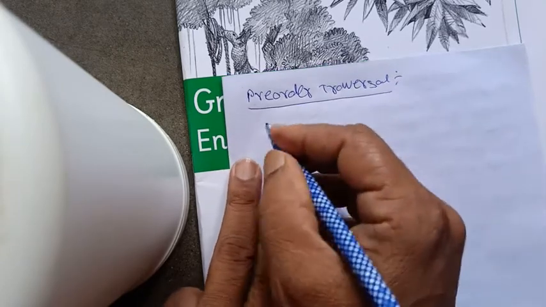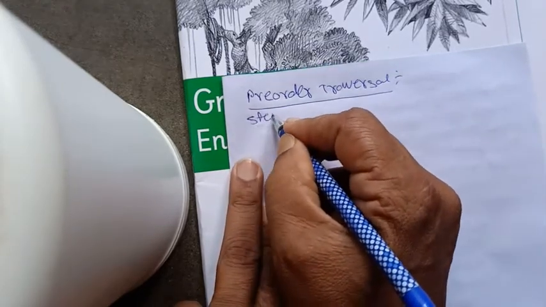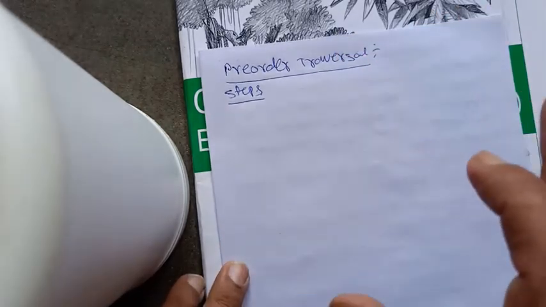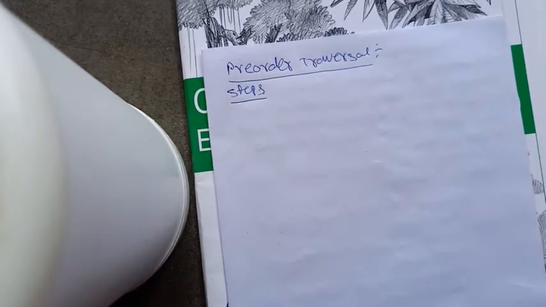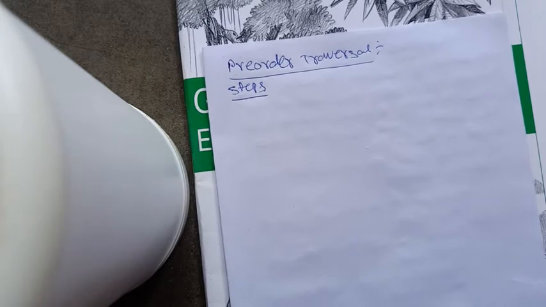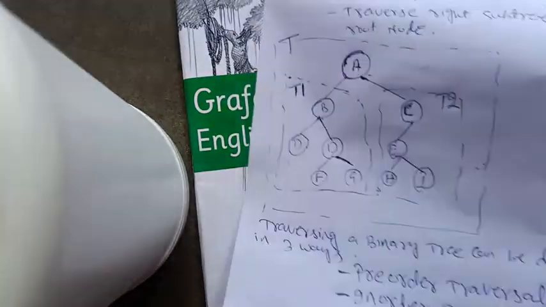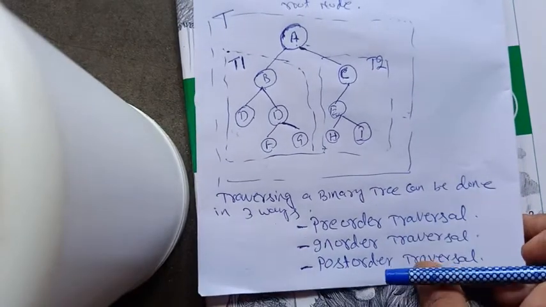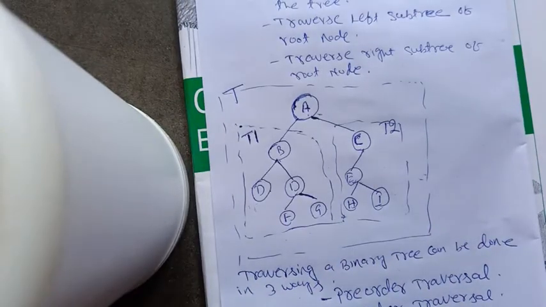See, in today's video I will just discuss the steps. I am not explaining the algorithm. In our next video I will show you the detailed algorithm, but for the time being let us discuss what the steps are. What do you mean by pre-order traversal? To traverse a tree, no matter whether it is pre-order, in-order or post-order, there are 3 methods, and in all of these 3 methods we have to conduct 3 operations.